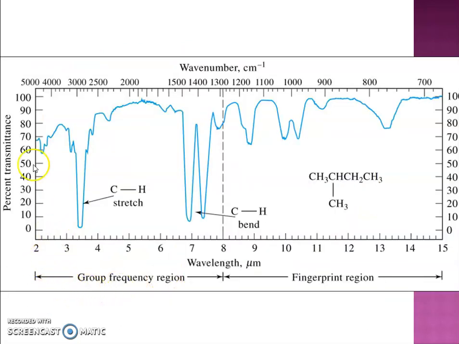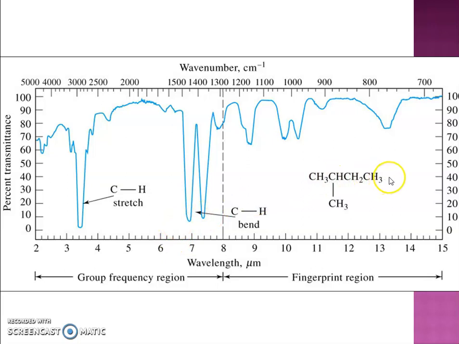So for example, this is the IR spectrum for this compound, 2-methyl butane. This is the stretching vibration. This is the bending vibration, the peak for bending. This is the peak for stretching of the CH bond.